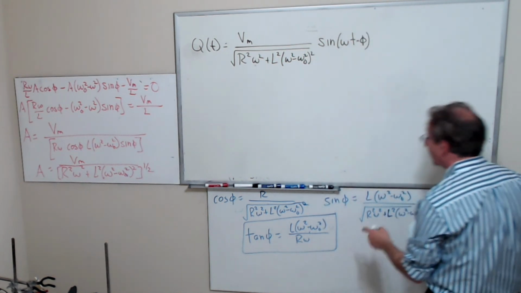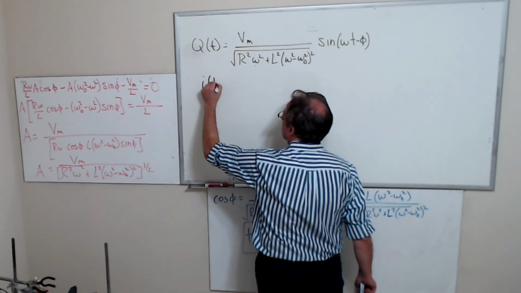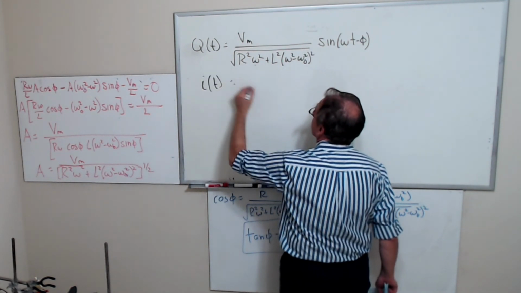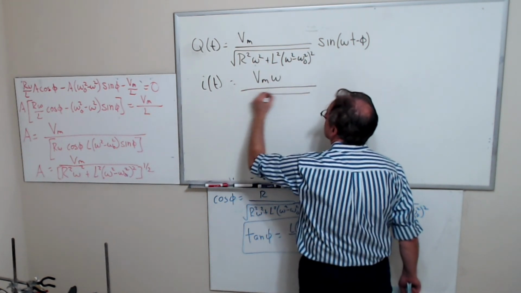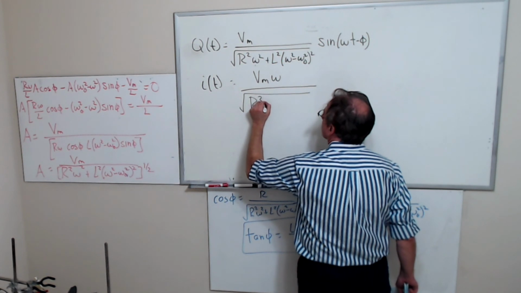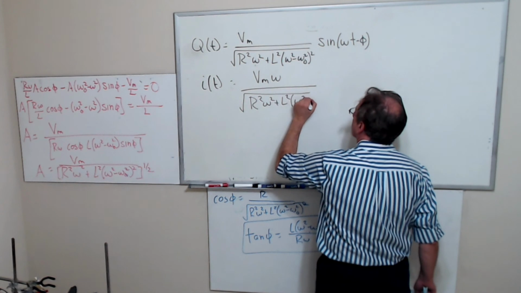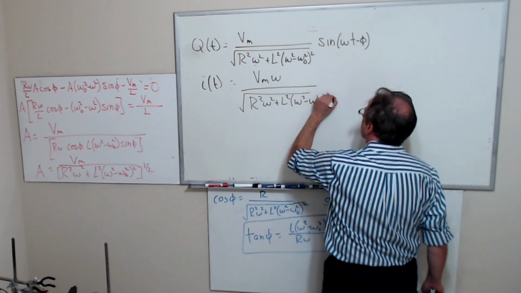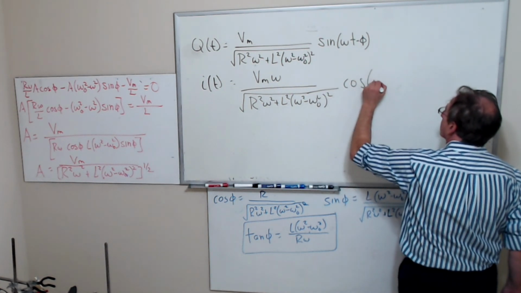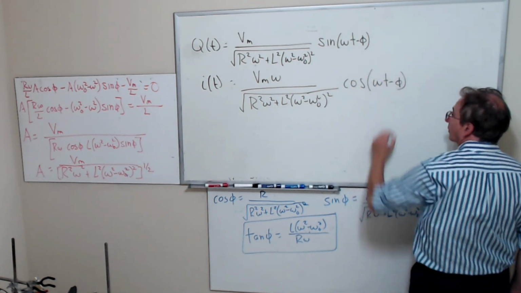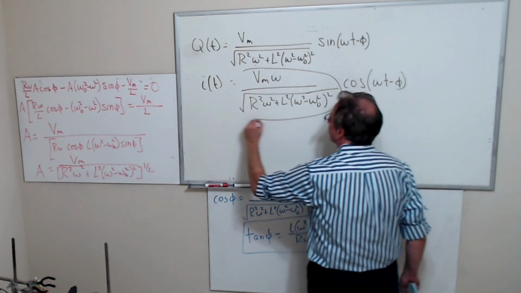Where phi is given by that expression. And then I'll use a small letter i, I guess, which is the time derivative of this guy. So this is the amplitude for the current.